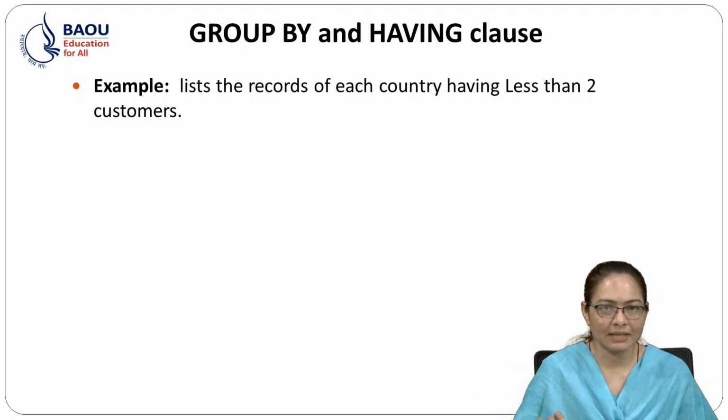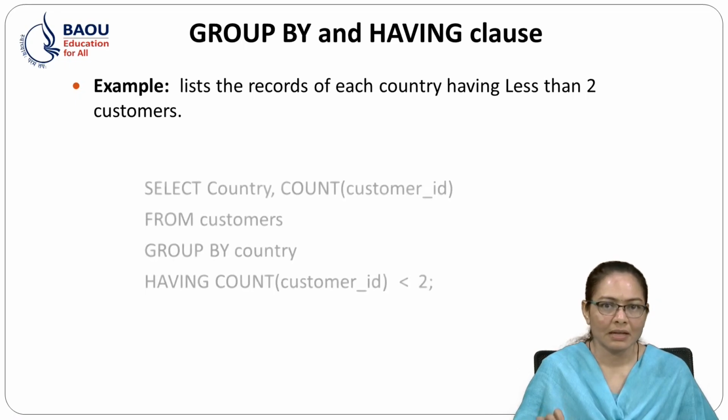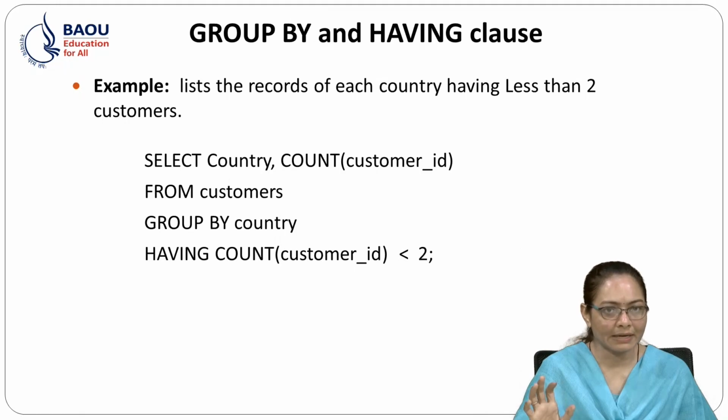Select country, comma, count in brackets customer ID from customers, and then group by country. And the last one, the having condition: having count in brackets customer ID less than 2. We want the records of each country having less than 2 customers.